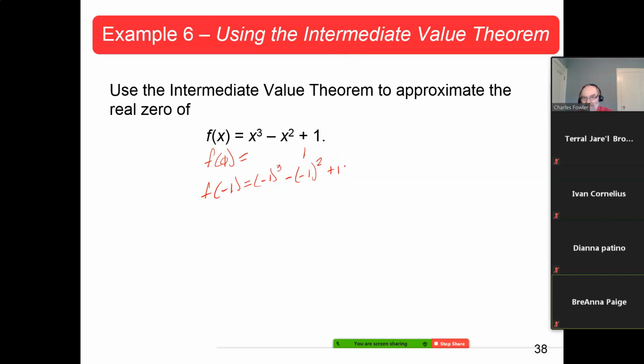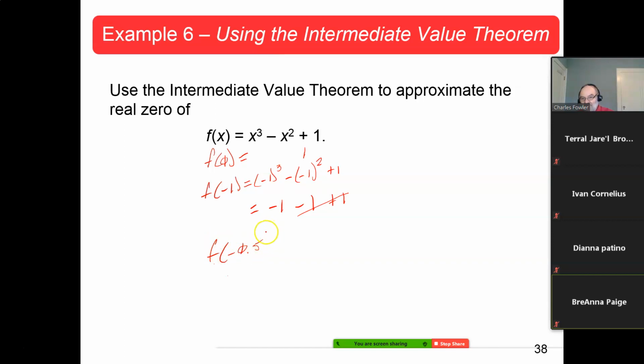Okay, just plugging in. -1 cubed is -1. -1 squared is +1, but then when you negate it, that becomes a -1, and then you have a plus 1. Hey, guess what? Those add to 0, so now we have a plus here at 0, a negative here at -1. So our real zero must be between 0 and -1.